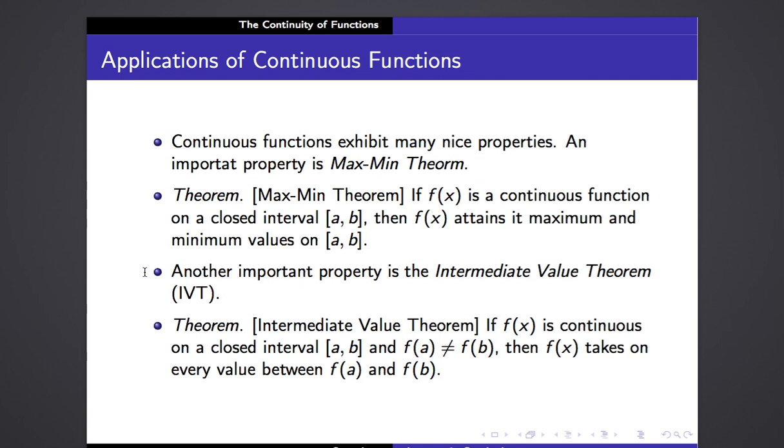If f of x is continuous on a closed interval AB and f of a is not the same as f of b, so f of x has different values at the endpoints of the closed interval, in that case, f of x takes on every value between f of a and f of b. So what does that mean?